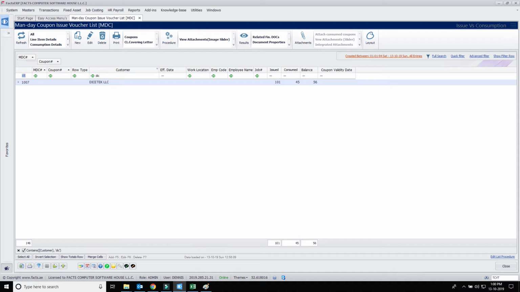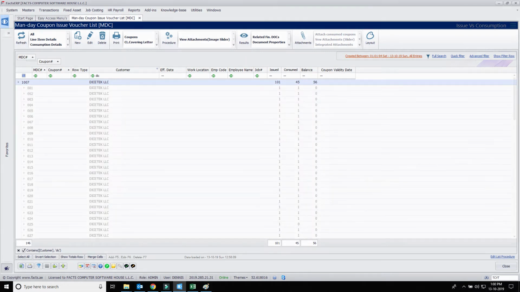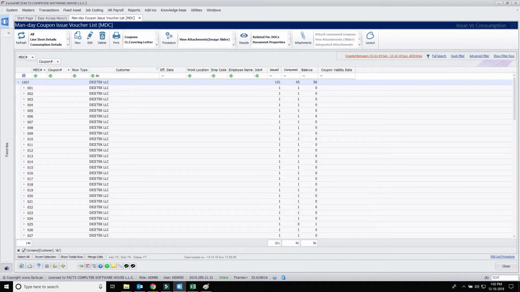Let me take a practical case of a client, for example, Dystech, where we can see 101 coupons are issued, 45 are consumed, and 56 is the balance. When I expand, I can see each coupon number 1, 2, 3, 4, 5, 6, 7.